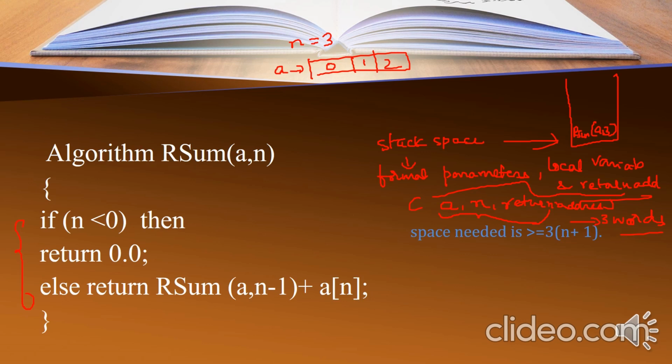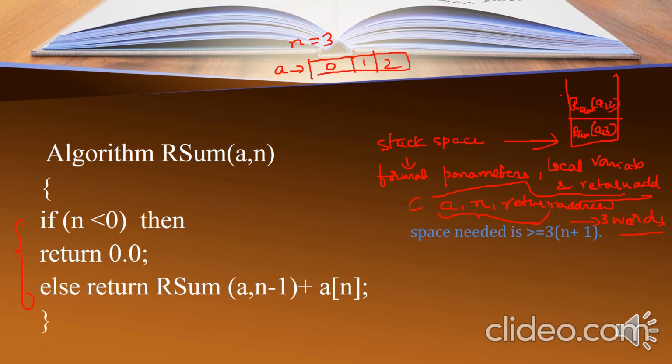And now once the first time it calls, it is going to call R sum a comma 3. So if n is less than 0, no, in this case no. So it is going to do what? R sum a comma n minus 1. So R sum a comma n minus 1 in the sense a comma 2.